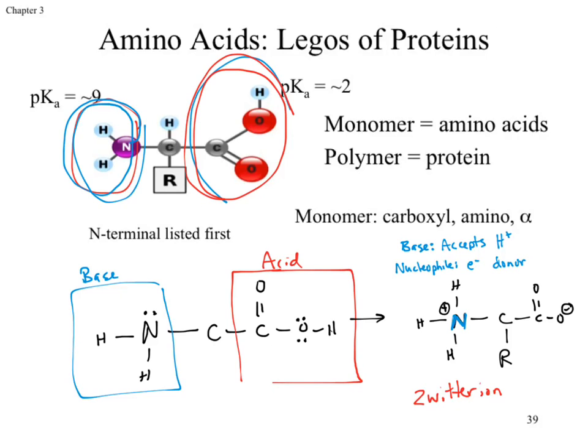So what's the difference between an electron donor and a proton acceptor? They're pretty much the same. The only difference is what they've shared their electrons with. If it shared the electrons with a hydrogen, then it's a Bronsted-Lowry base, or what I would classify just as a base. If it shared those electrons with anything other than hydrogen, it's a nucleophile.